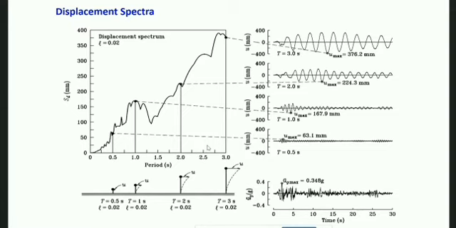So this will be the nature of the displacement spectrum. We are showing it for a typical case of zeta equal to 0.02. For 0.05, the curves will be further lower, because more damping means less response.